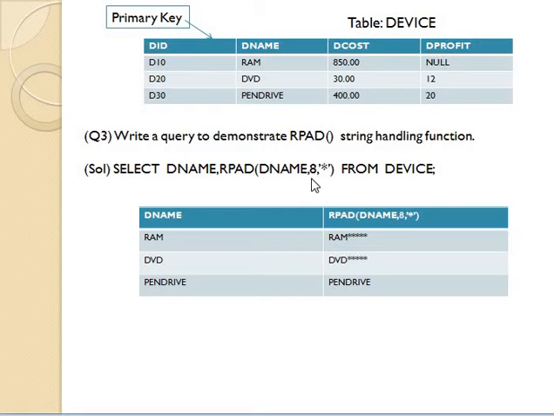Now 8 here indicates that each of the entries of the dname column in the device table should consist of exactly 8 characters, and in case there are shortages, those shortages shall be filled up with this asterisk symbol.